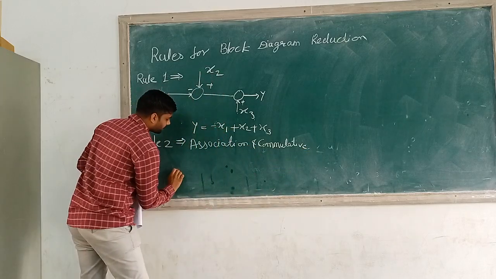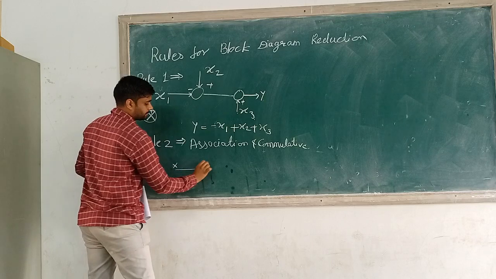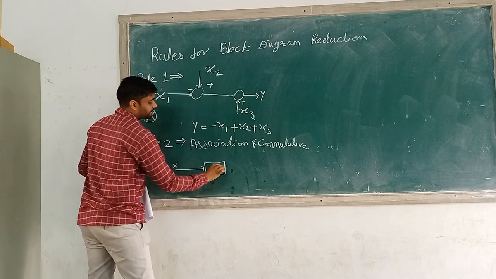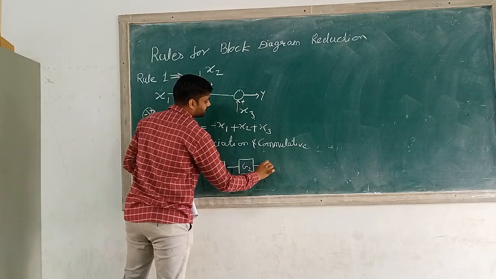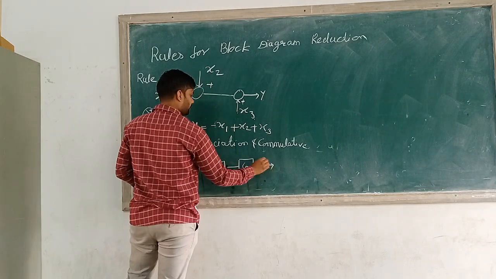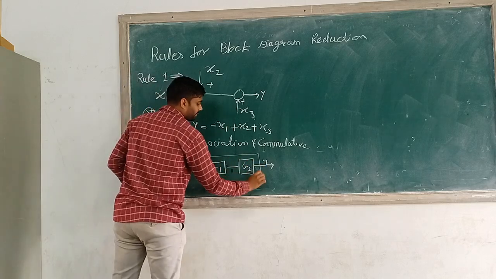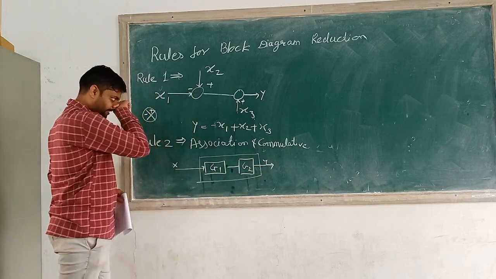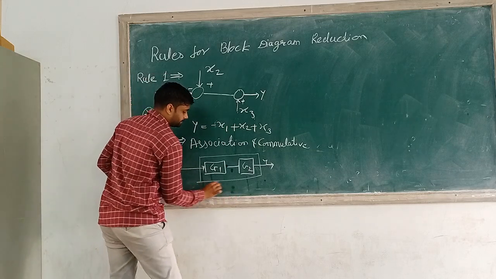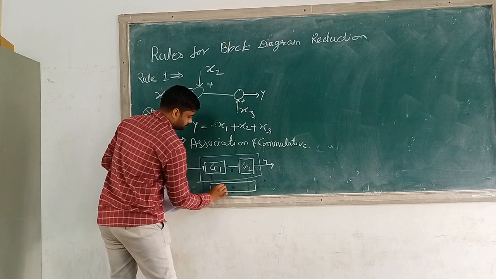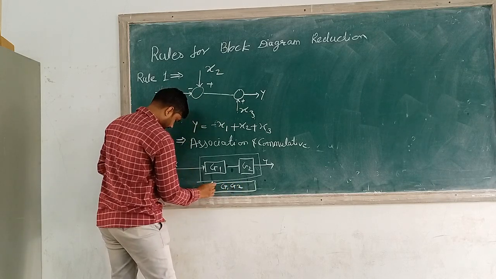In this, wherever the input is like this, and we are having the functions G1 and G2 connected in series, providing the output, at that time we can reduce these two functions to a single one by using this associative and commutative law like this: G1 into G2.